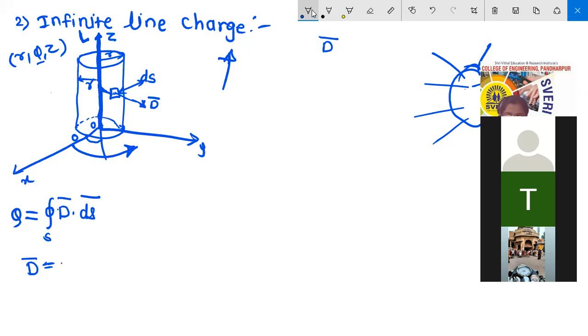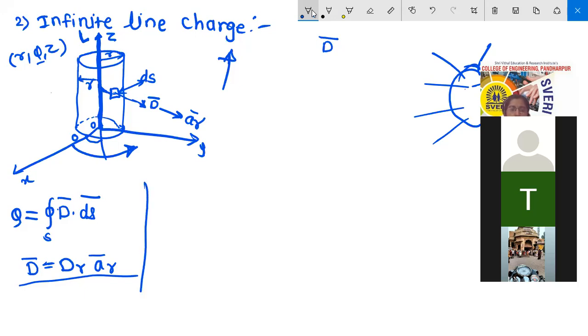The magnitude of this vector is D_r, and in which direction are we going? We are going in the a bar r direction, therefore the unit vector is a bar r. So this is your D bar here.